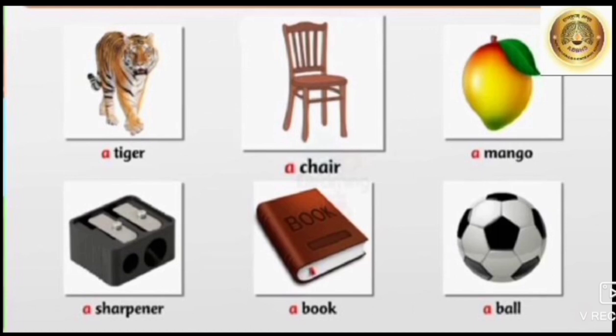Like this, chair also starts with the consonant sound of C. That's why we use article a before this noun. So children, now you understood when we use article a.